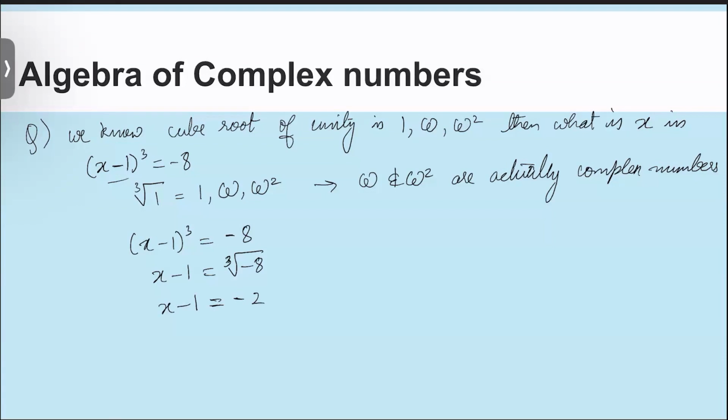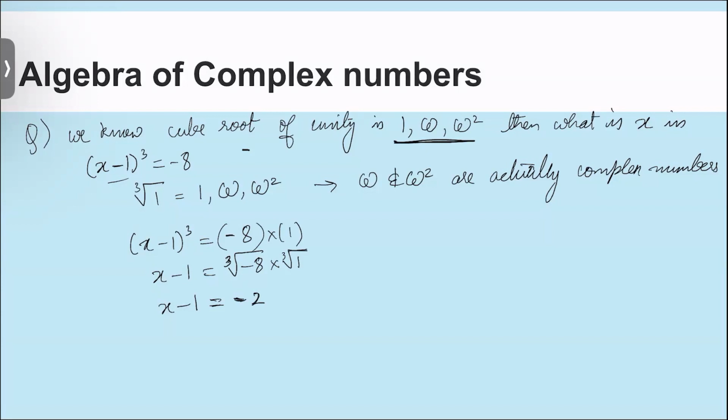Now, since we are also considering the cube roots of 1, you can write -8 multiplied by 1, because we have to satisfy this assumption that is given. So this is -2. If you multiply with each of the roots, you have x minus 1 equals -2, also -2 omega, and also -2 omega squared.